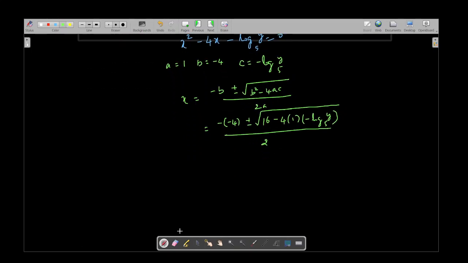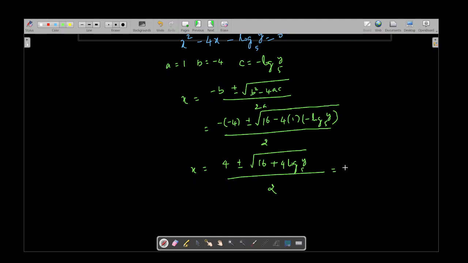So x is equal to 4 plus or minus square root of 16 plus 4 times log y to the base 5, divided by 2.